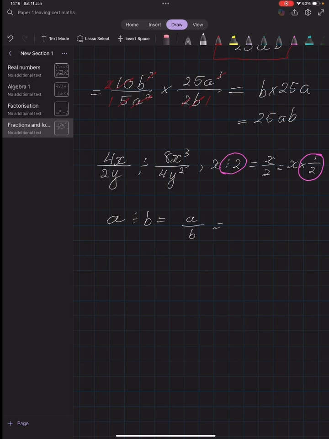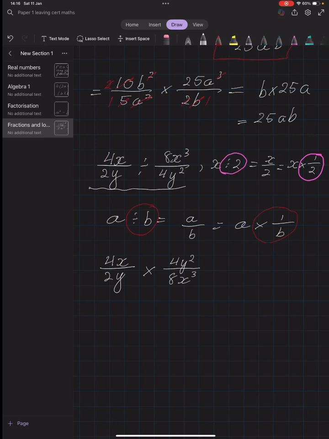But I can also write this as a multiplied by 1 over b. Okay, they're the same thing. So dividing by b is the same thing as multiplying by 1 over b. So in this example here, 4x over 2y divided by that is the same thing as multiplying by 4y squared over 8x cubed.